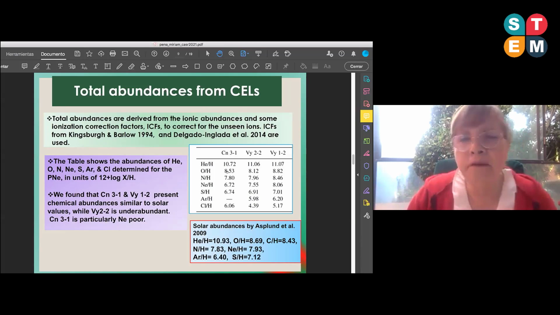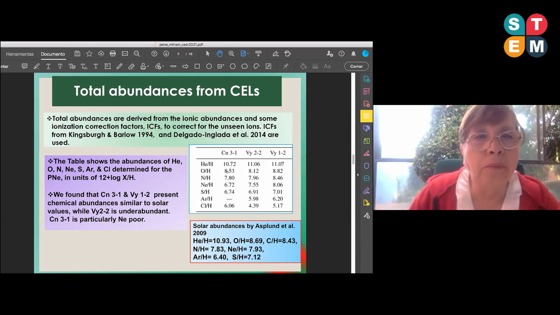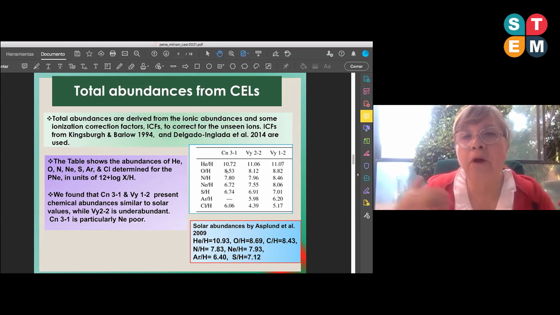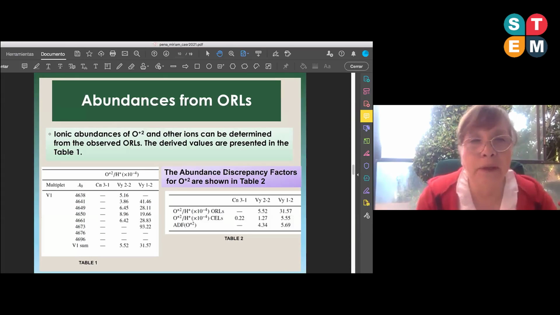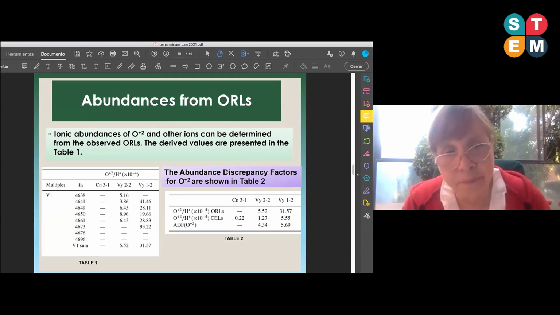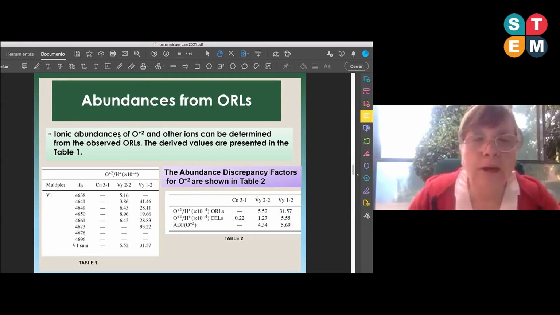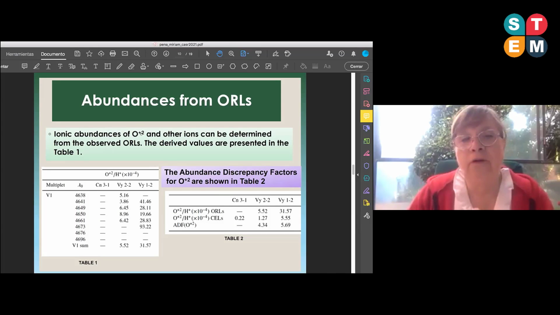There are other important things in this table, but what I'm going to do here is compare these abundances derived from the collisionally excited lines with the abundances derived from the optical recombination lines. These ionic abundances for oxygen plus 2 and other ions can be determined from the observed optical recombination lines, and the derived values for these three objects are presented in this table.